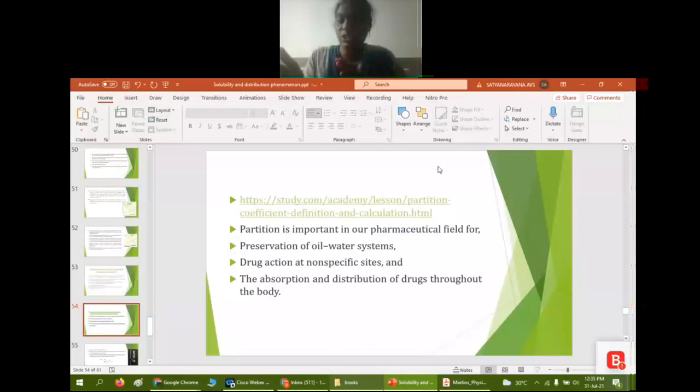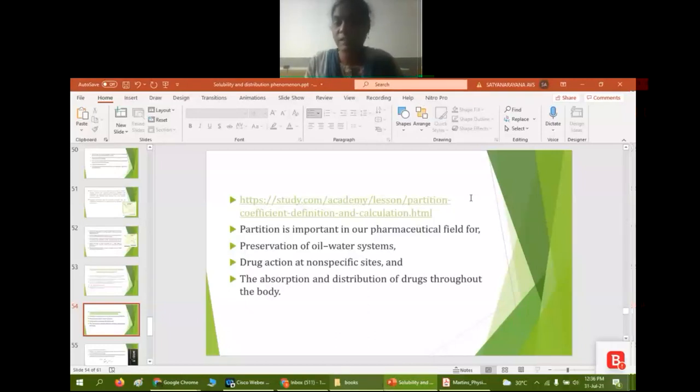The lipophilic nature of the drug will be useful to cross the lipoidal cell membrane, and the hydrophilic nature of the drug molecule will be useful to solubilize in the aqueous cellular contents of the cell. By that way, it will be easily absorbed by the cell as well as easily distributed or carried in the body systems, and it will elicit the action.